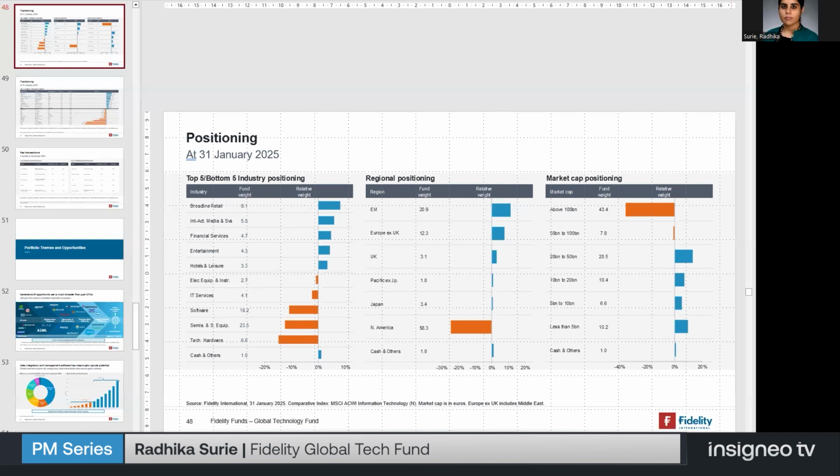We also have some plays in China, which are essentially stories related to digitization and semiconductor localization, which is quite important, and some businesses where there are cyclical end markets that might benefit once stimulus comes through. That's the way to think about it. But the actual positions are very bottom up, and this is not a top-down view.